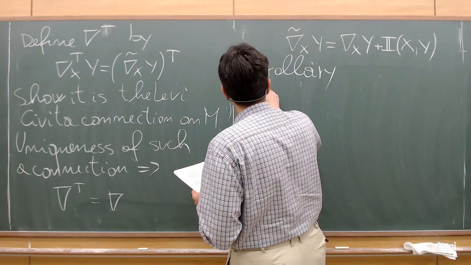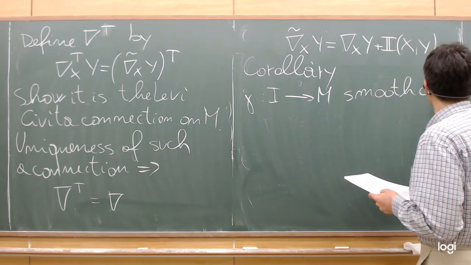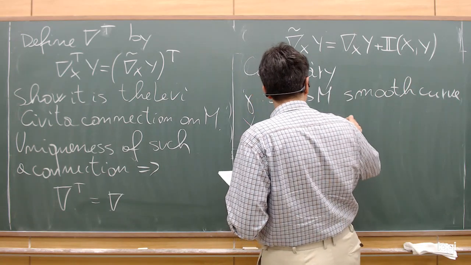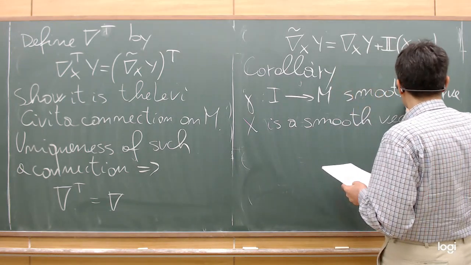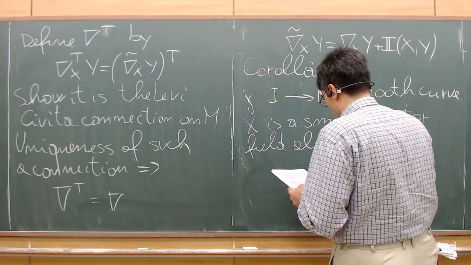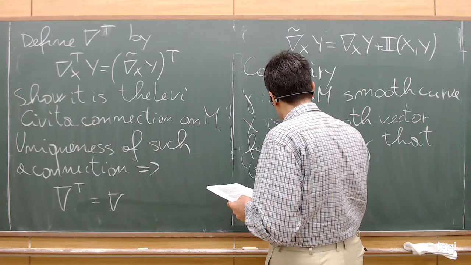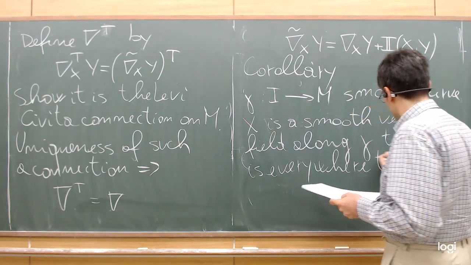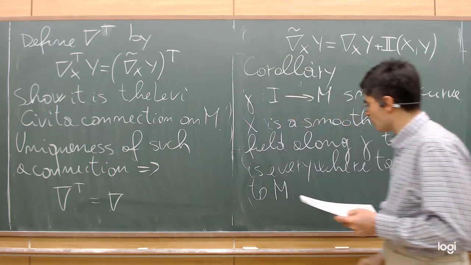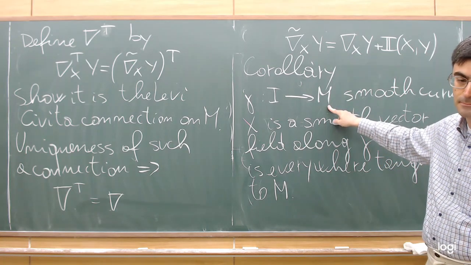So suppose that gamma is a smooth curve and X is a smooth vector field along gamma that is everywhere tangent to M. Of course, I am assuming that M is an embedded Riemannian submanifold of M tilde.